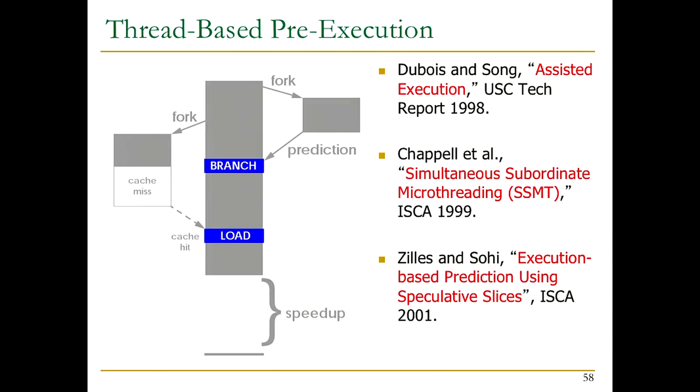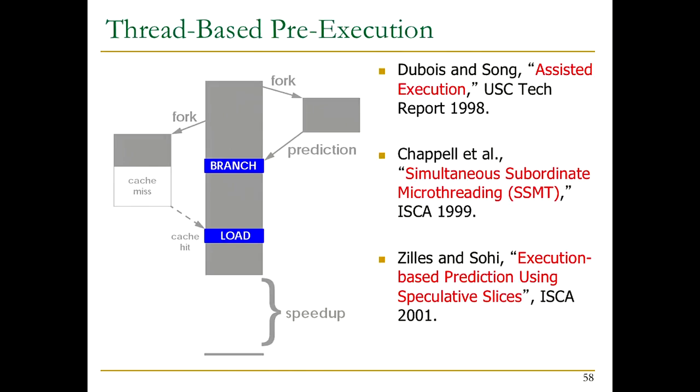Okay, this is a beautiful picture that I borrowed from the Zilles and Sohi paper that basically shows that the idea is even more general. But let's take a look at this load instruction over here first. We want this load instruction to be a cache hit. So long before the load, we fork a speculative thread that does some computation that leads to the load over here, and then executes the load speculatively, gets a cache miss, and the miss gets serviced.